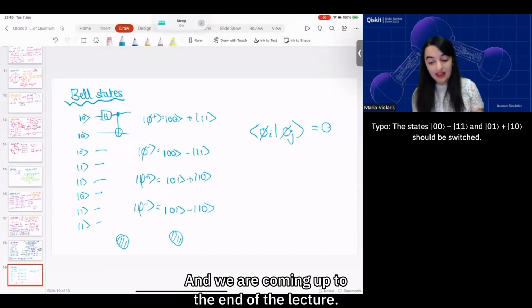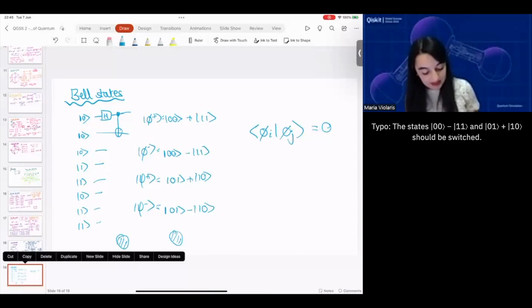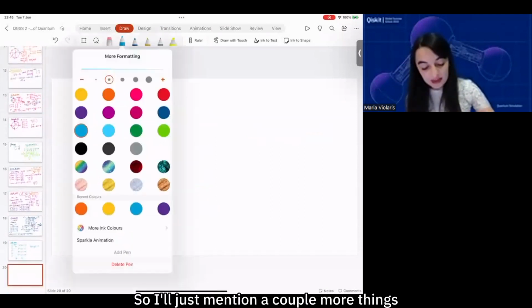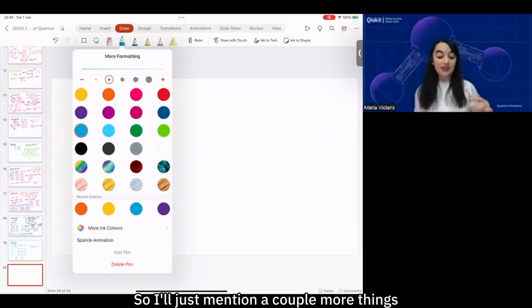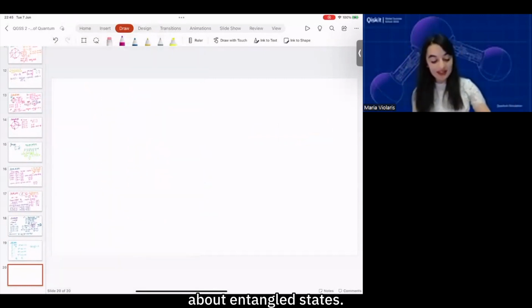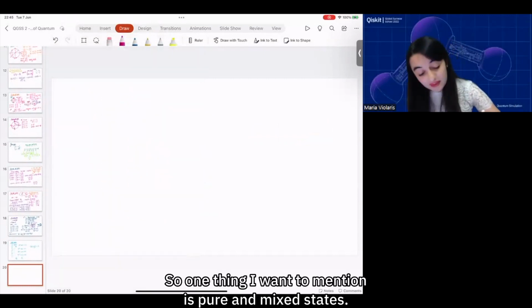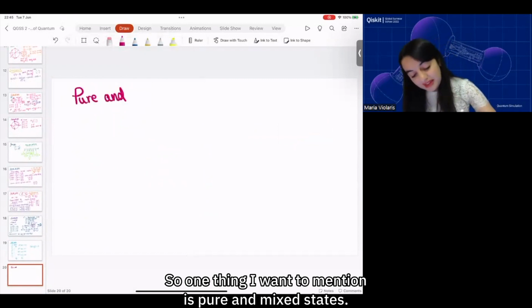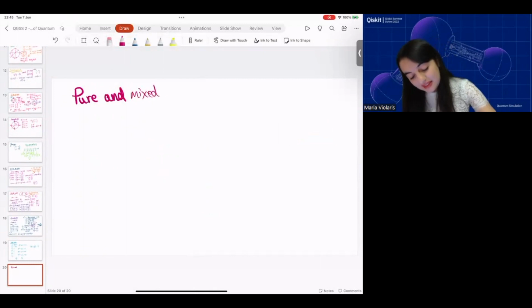And we are coming up to the end of the lecture, so I'll just mention a couple more things about entangled states. One thing I want to mention is pure and mixed states.